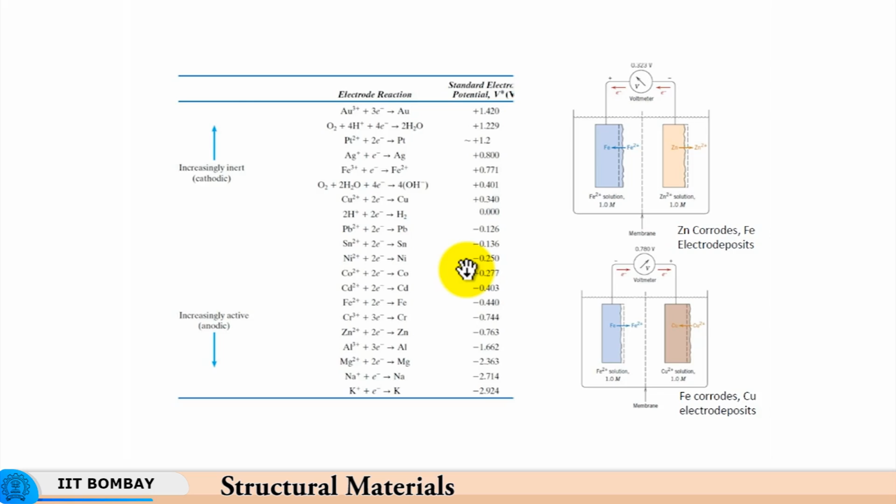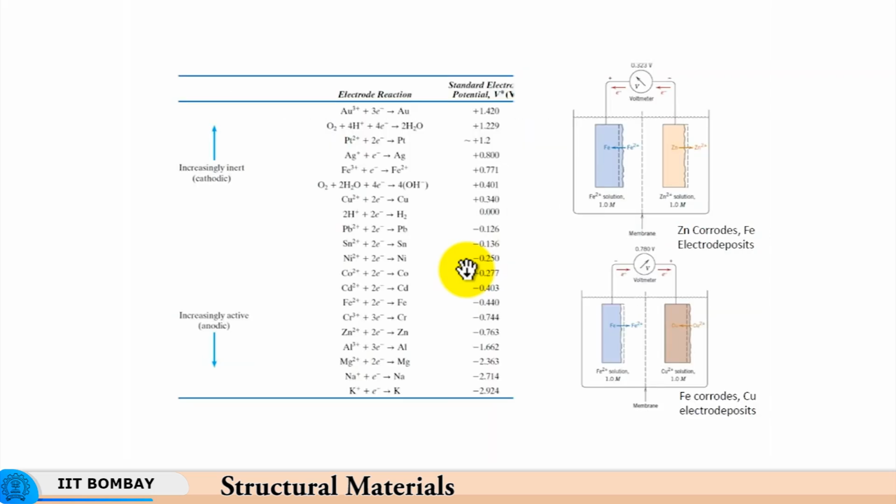So, when Fe gets deposited, these chloride ions diffuse through this membrane to the right hand side, and then the zinc goes into solution, forms zinc chloride and gets accommodated there. So, this is how the corrosion occurs, and zinc is on the lower side, so it is more active as compared to iron, due to which it gets corroded.